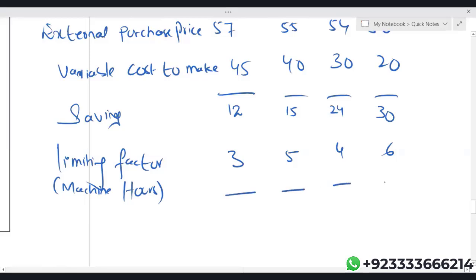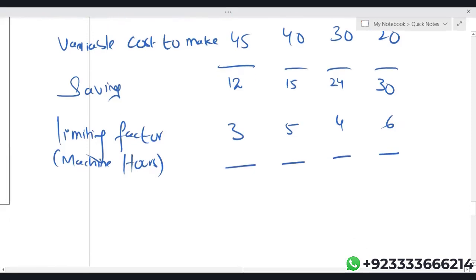So now we are dividing saving per unit by the limiting factor to get saving per unit of the limiting factor.